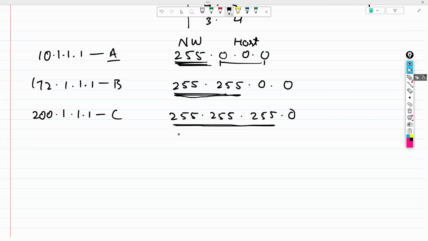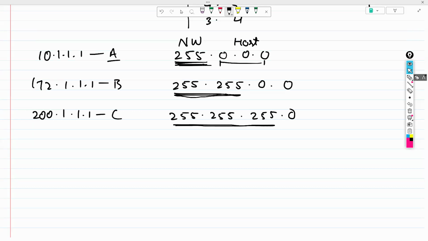The first, second, and third octets have 255, so it's a class C. Similarly, in class B, you have two network octets, and thus we have 255.255. In class A, you just have one network octet, which is why you have 255 over here.